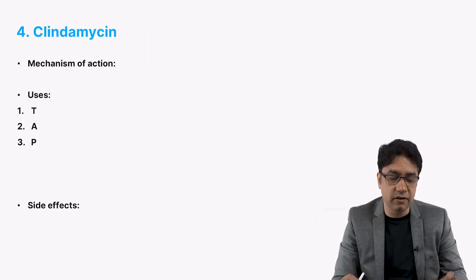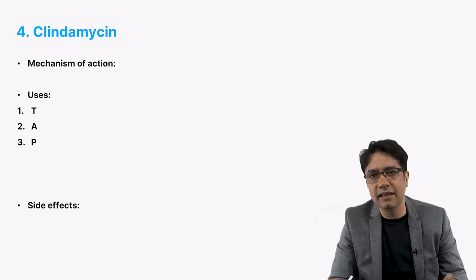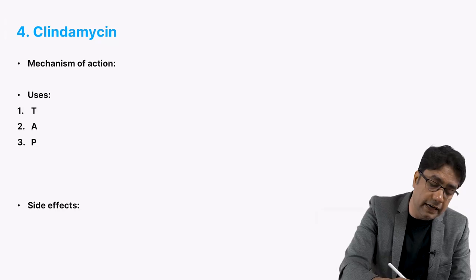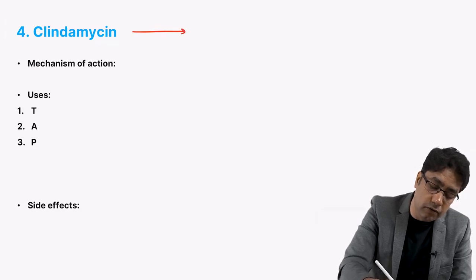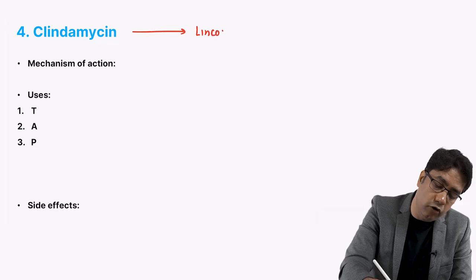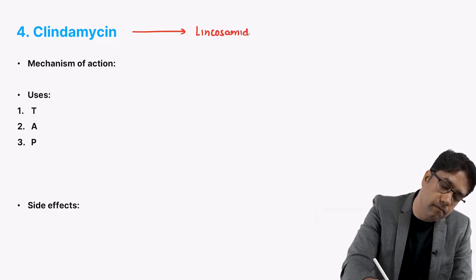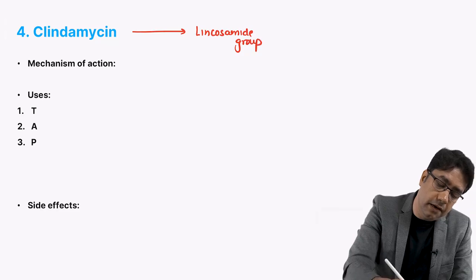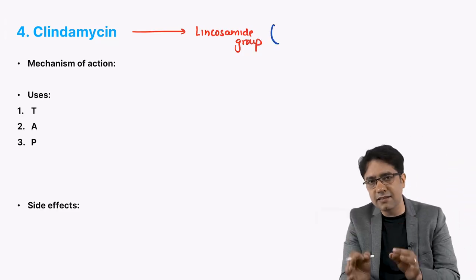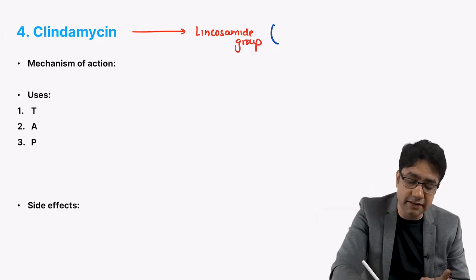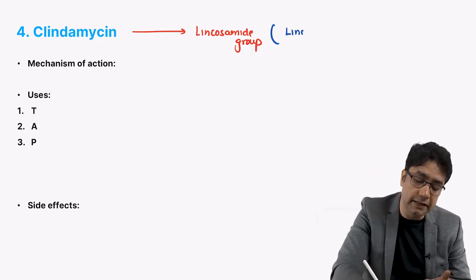Now let's talk about fourth antibiotic, that is clindamycin. Clindamycin comes under a group known as lincosamide group. We don't have to remember the name, but remember there is a similar antibiotic just like clindamycin, that is lincomycin.